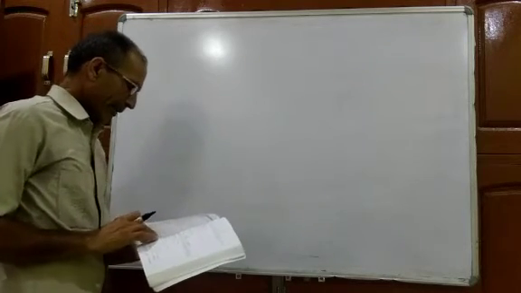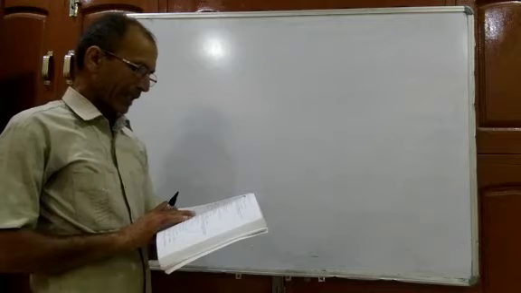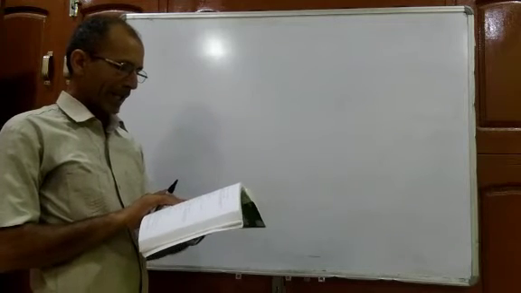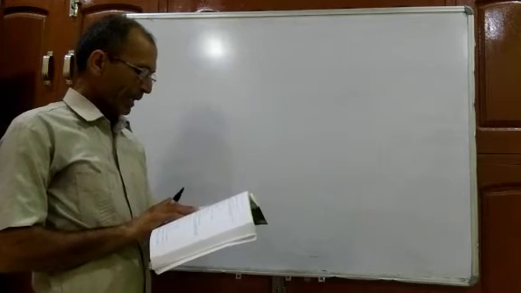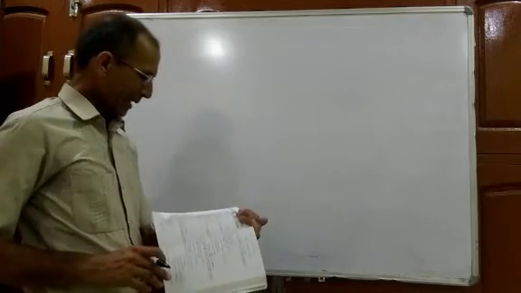The circumference of the base of a cylinder is 132 centimeter and its height is 25 centimeter. Find the volume of the cylinder. So what is the statement?